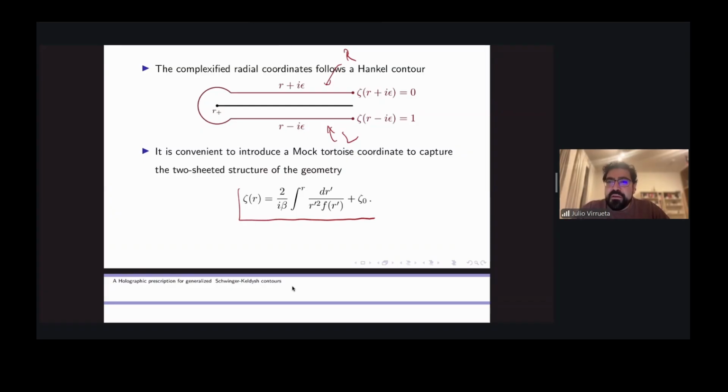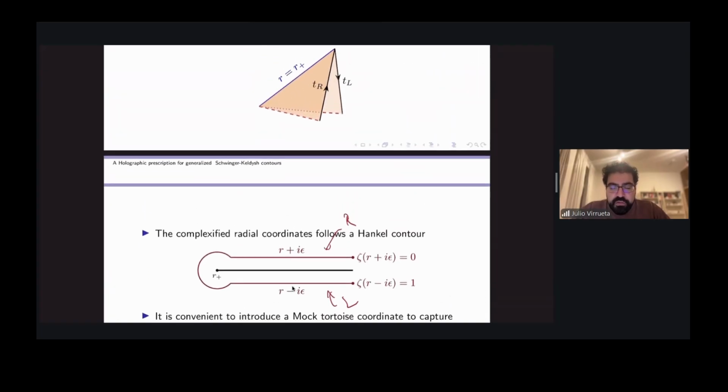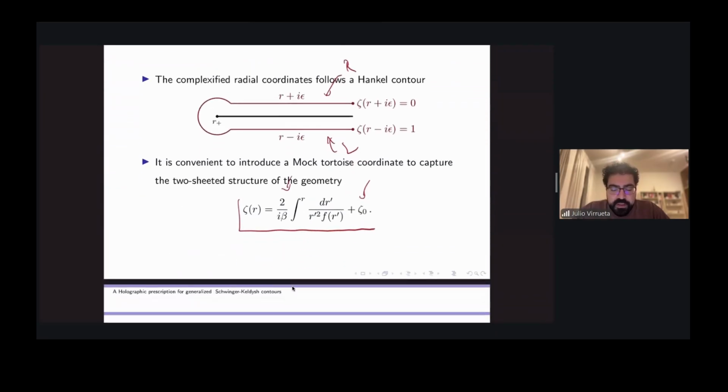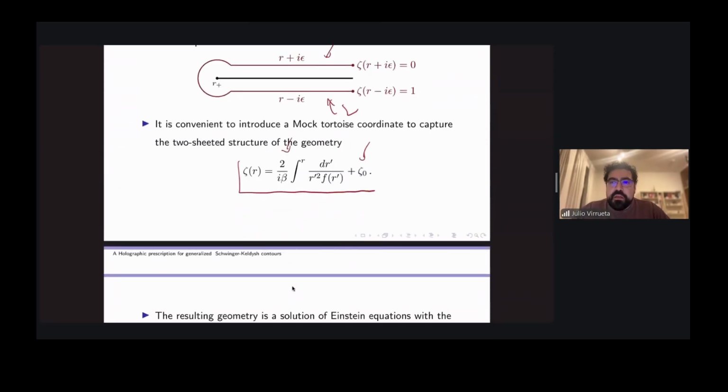It has a jump as you go from one branch to the other one. The coefficients in front and the integration constant are just chosen so the jump is exactly 1. I could have made some other numbers, but the important thing is that the fact that you have two different solutions and they are connected across the horizon gets captured by this modified radial coordinate.